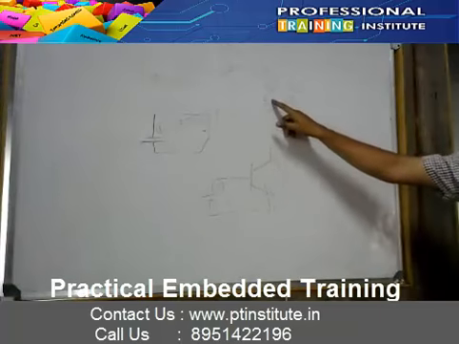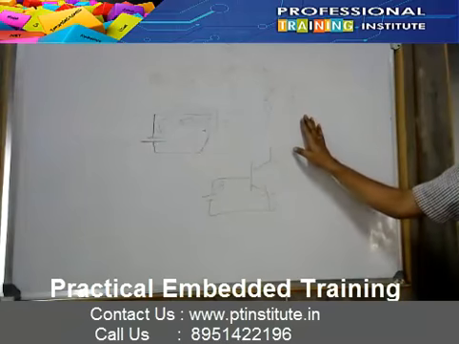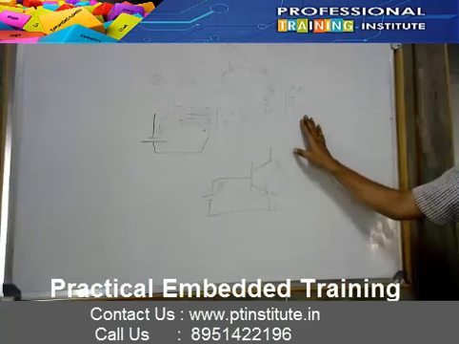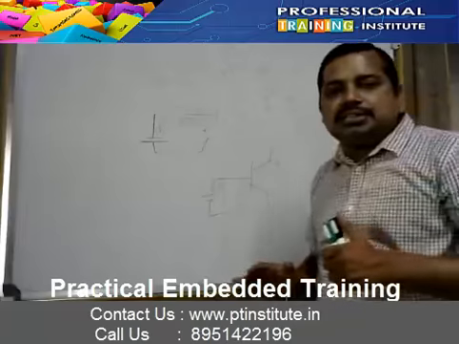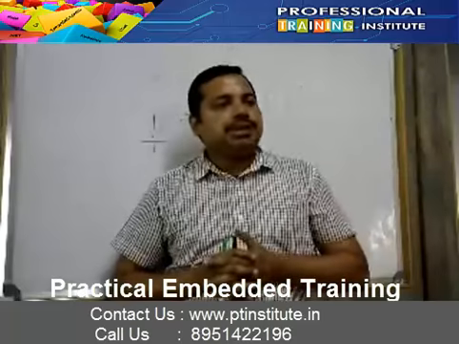We gave 5 volt, we got 0. We gave 0 volt, we got 5 volt. Making sense? This is the transistor as an inverter. Transistor is behaving as an inverter. This is the property of transistor. Making sense? Yes or no?